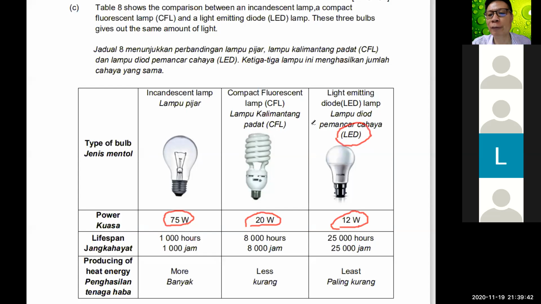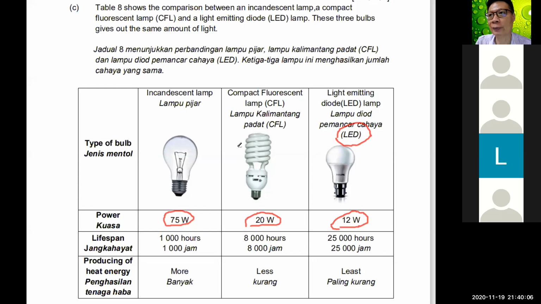LED is the best. In fact, now in most houses we change the lamp. We don't use fluorescent light already. We use LED. You can easily recognize LED when you press a button, it lights up very fast.